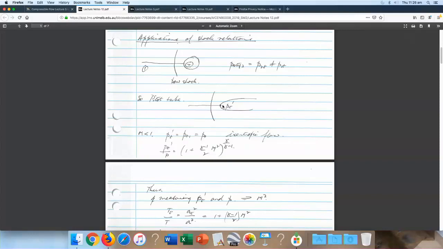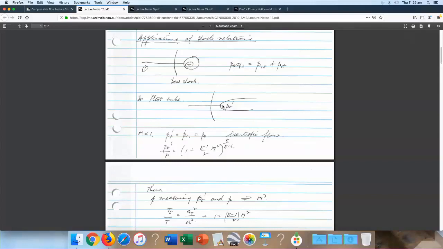This M is after the shock, right? This is after the shock. This is as if the shock were not there. It's the static pressure that would have existed if the shock were not there.